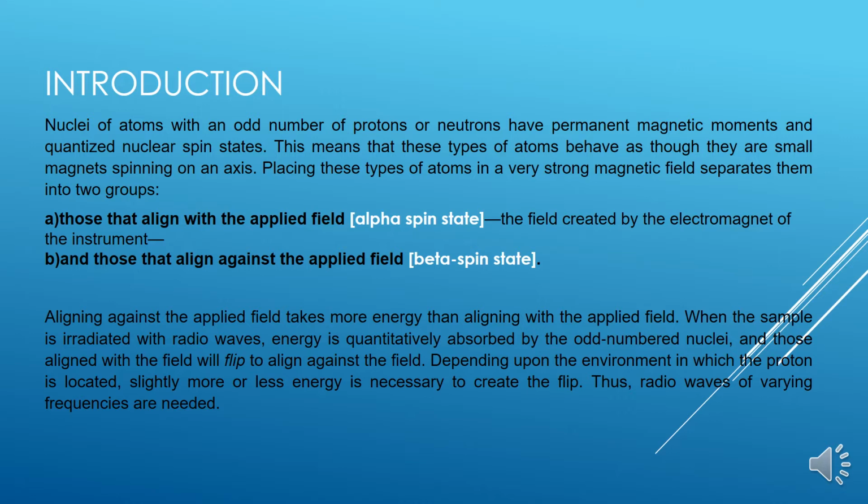Environment here means the hydrogen is attached to electronegative atoms like Cl, oxygen, or nitrogen, which influences the energy requirement. Thus, radio waves of varying frequencies are needed. So this is all about the introduction.